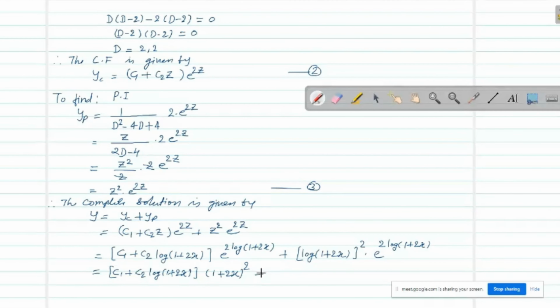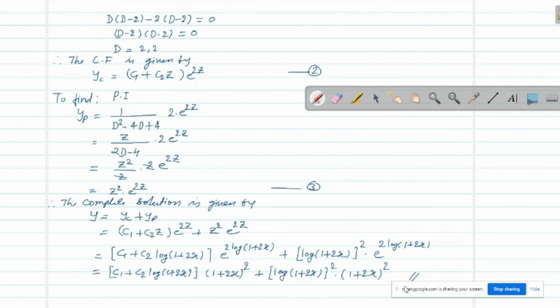And plus log of 1 plus 2x the whole square into e raised to 2 log of 1 plus 2x. This 2 goes on the power, so this becomes e raised to log of (1 plus 2x) the whole square, which can be written simply as (1 plus 2x) square. So this is your complete solution of the given Legendre differential equation.